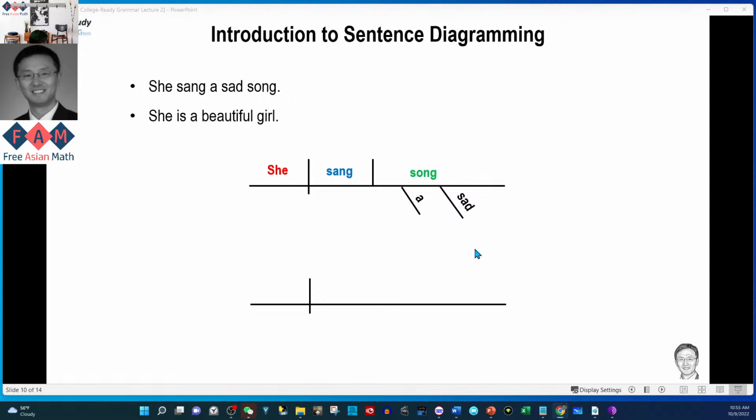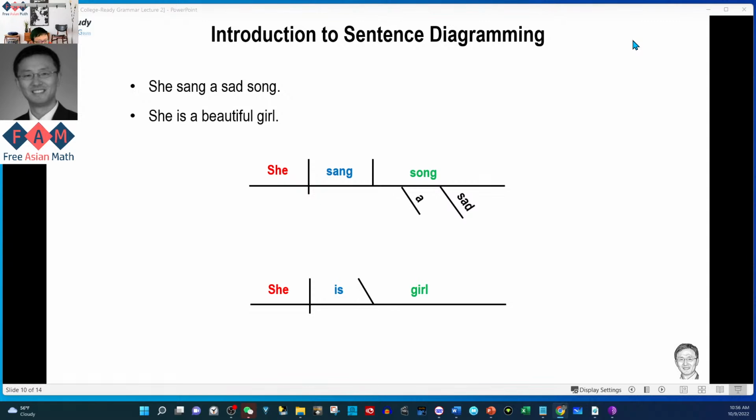Well, like we said, because this is a be verb, the next word after the be verb is not the object, but it's a complement. Why are we using this term? Well, she is girl. What does 'girl' mean here?